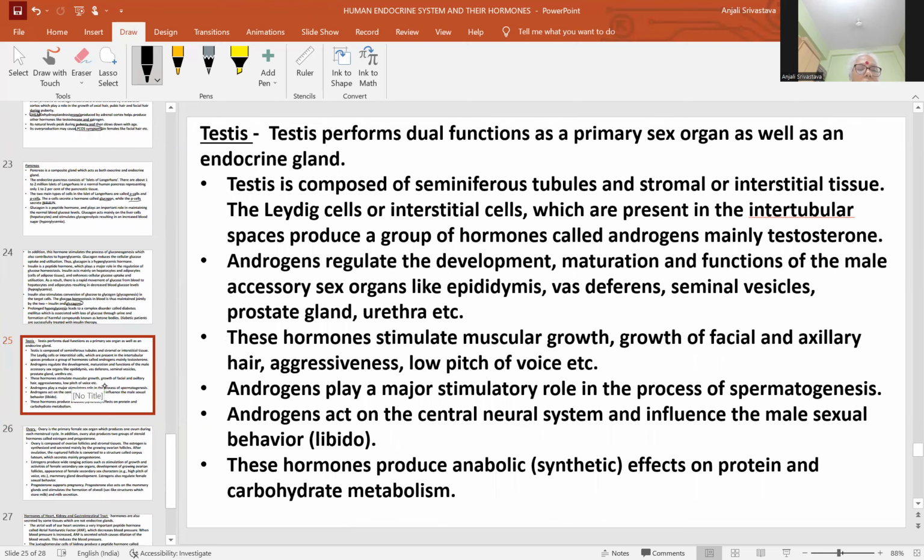Then the testis and ovary, इसके पूरे डिटेल्स हम लोग देख चुके हैं, कैसे एंड्रोजन होता है, एंड्रोजन से टेस्टोस्टेरोन का एक मेन पार्ट होता है, एंड्रोजन कैसे वो पूरी मेल रिप्रोडक्टिव सिस्टम को कंट्रोल करता है, सेकेंडरी सेक्सुअल कैरेक्टर्स को कंट्रोल करता है, स्पर्मेटोजोआ के प्रोडक्शन को कंट्रोल करता है.